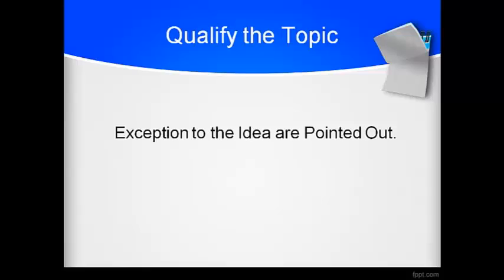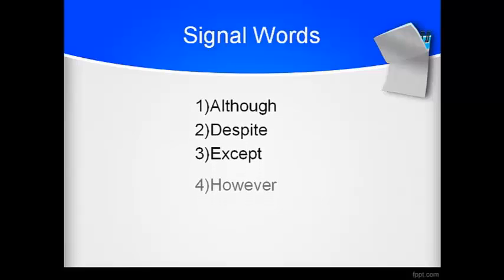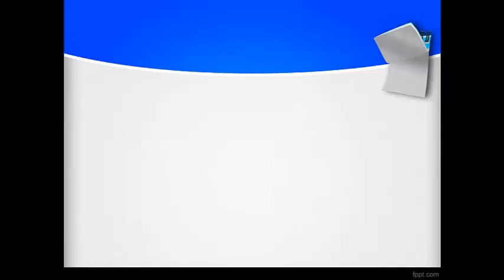They've given some supporting details, and now they'll go back and say, hey, but in this case it's not going to be so. So they're trying to restrict that idea and point out the usual exceptions. Your signal words are although, despite, except, however, though, yet, and things like that. So that's how you qualify the topic.